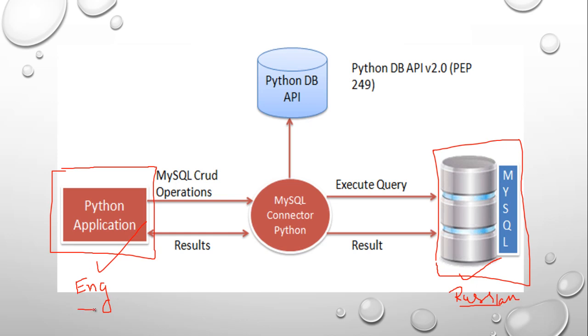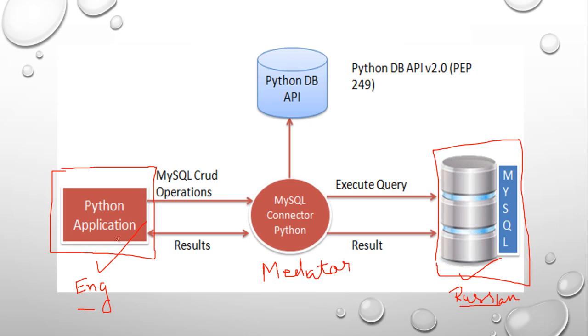So right now they can't communicate with each other, but when a mediator comes in between them, a mediator who knows the English language and also knows the Russian language, this mediator will help in communicating between these two.